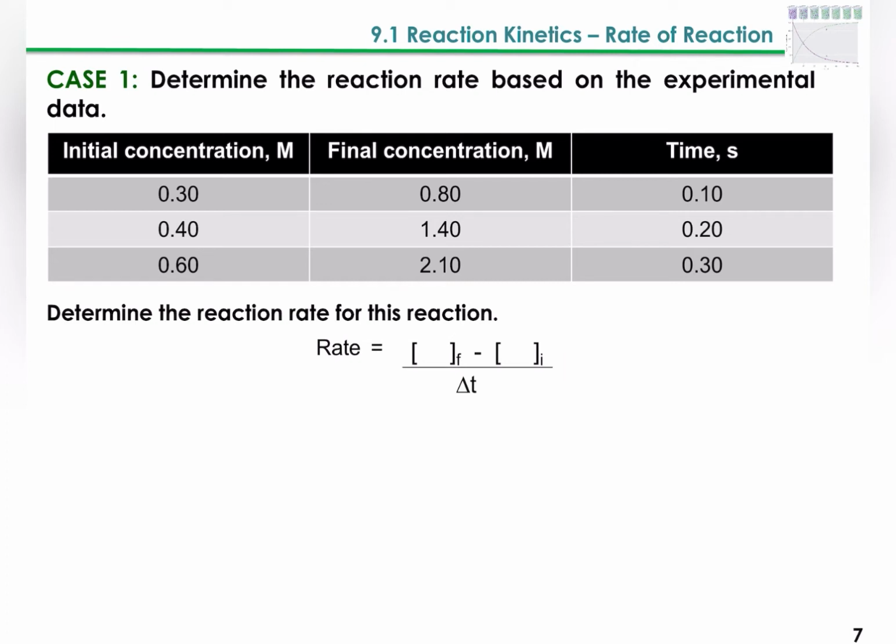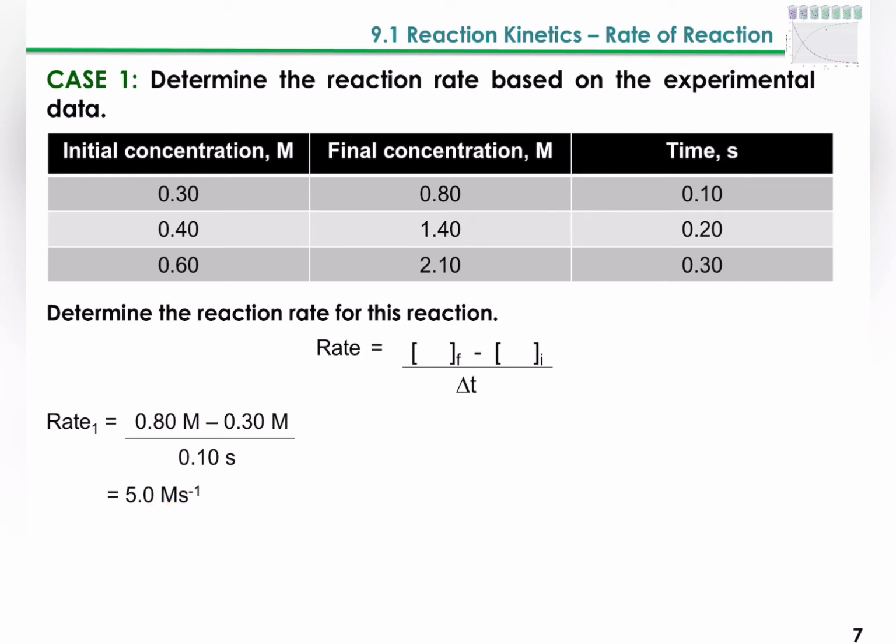So for rate 1, I got this value, and my value for the rate equals 5.0 molar per second. Remember, this is the unit for rate, molar per second or mole per liter per second. And this is for the first experiment.